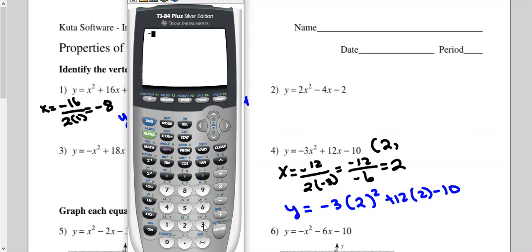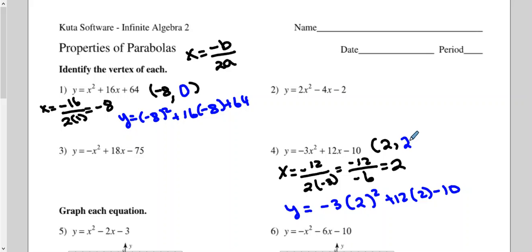Then you have negative 3 times 2 squared plus 12 times 2 minus 10, which is equal to positive 2. So my y-coordinate is positive 2.